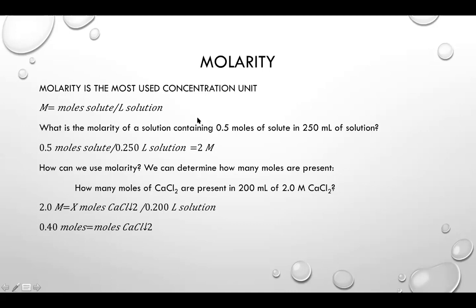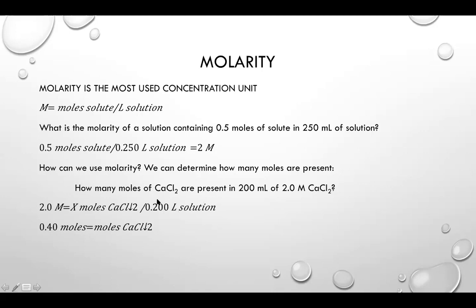So unlike the other equations where we wanted to work in mils, this you actually want to work in liters. Be very careful. This is liters of solution. So if you're given milliliters like you're given in this, you need to use conversion factors that we did earlier on in the semester to convert that to liters.